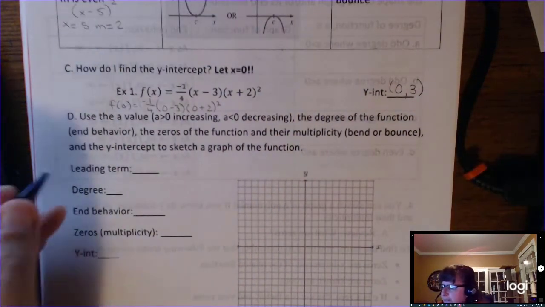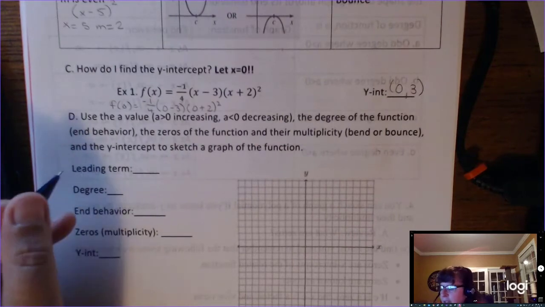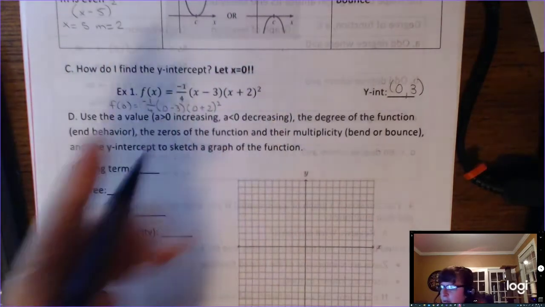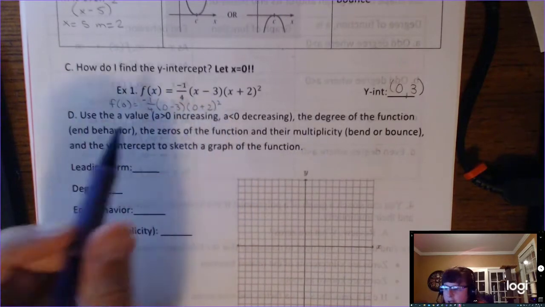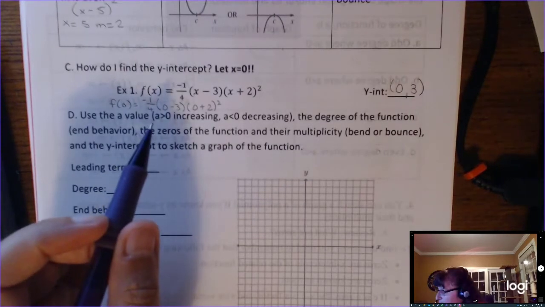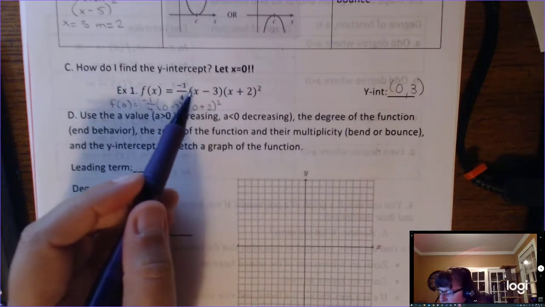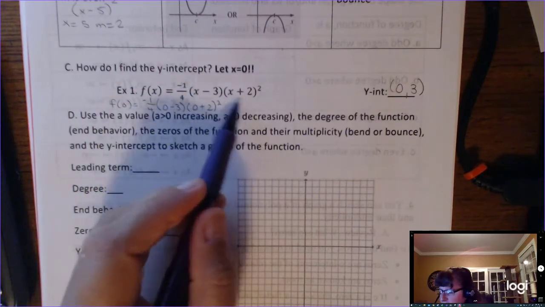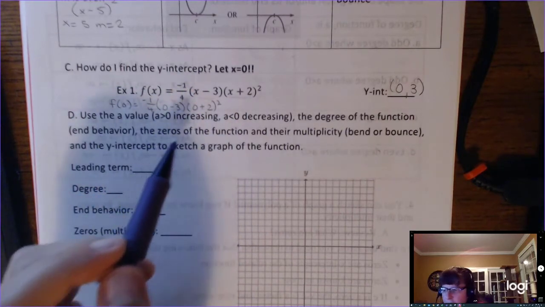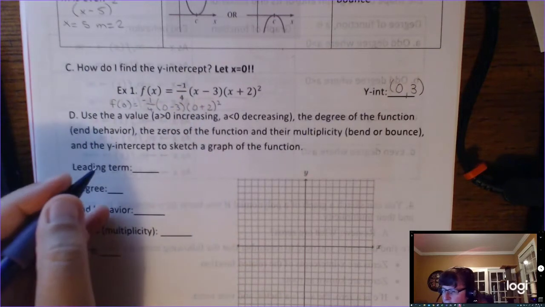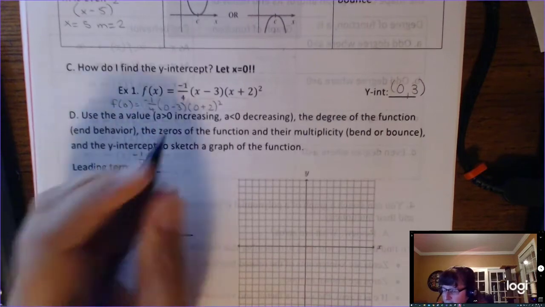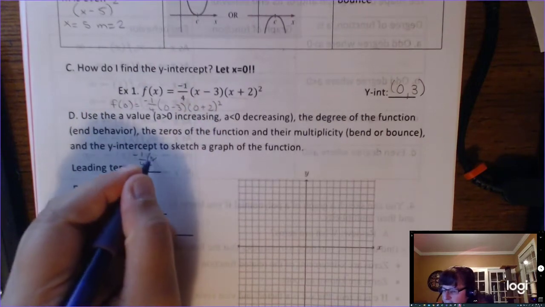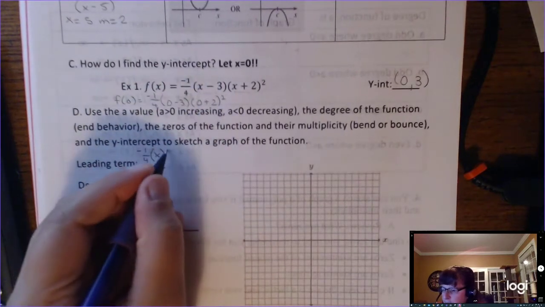Okay. To find your leading term, now the leading term is easy to find when it's all multiplied out. Now I don't want to have to multiply all that out, and I don't need to. All I need to do is make sure that these factors here are in descending order, and we'll do an example where they're not, because all you have to do to find the leading term is take the constant, and then the leading term of this factor is x, and it has multiplicity of 1.